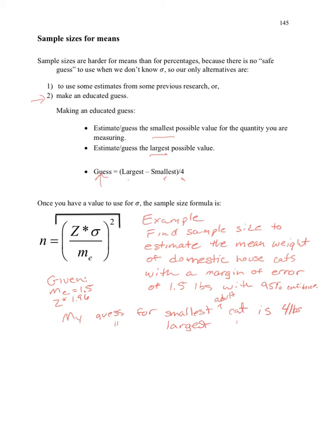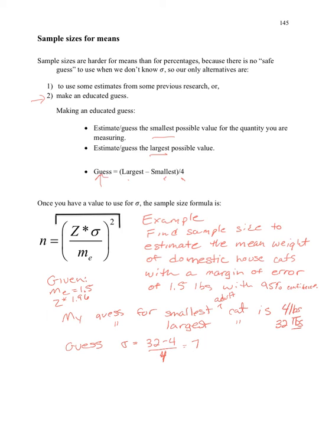And the largest is 32 pounds. Okay, you want to aim low or high on your guesses, not try to be too exact. So my best guess for a standard deviation is sigma equals 32 minus 4, largest guess minus smallest guess, divided by 4. That's just part of the equation, not something you look up.